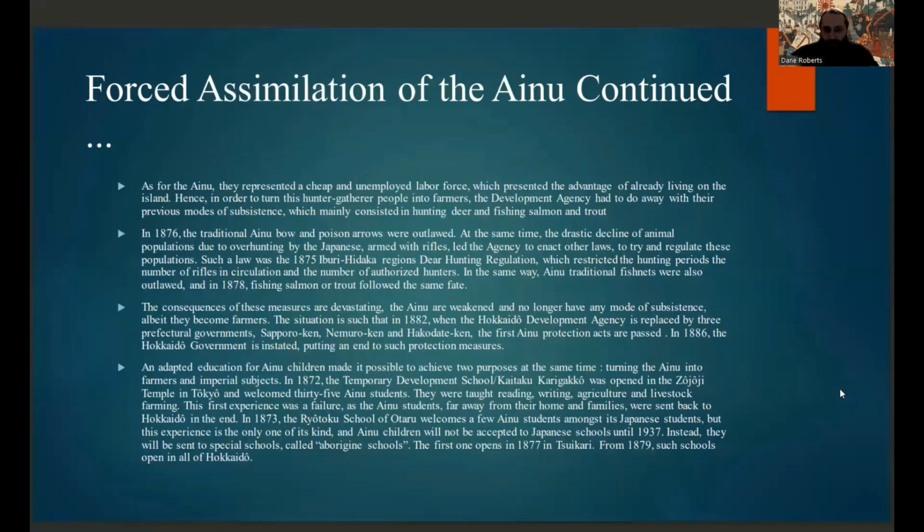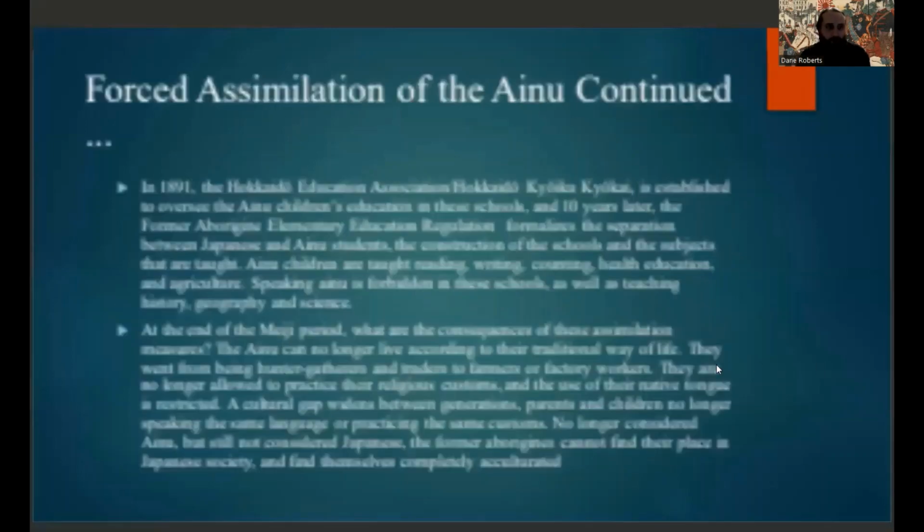Instead, they were segregated to schools very similar to those for Native Americans and African Americans in the U.S. Separate but equal, and these schools would be called Aborigine schools, with the first one opening in 1877 in Suikari. By 1879, schools like this would be open all over Hokkaido.